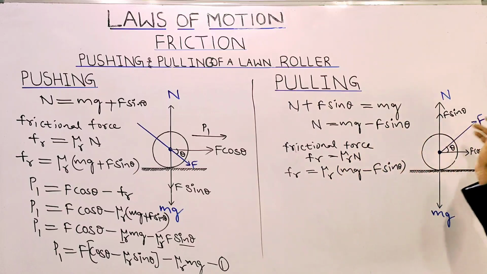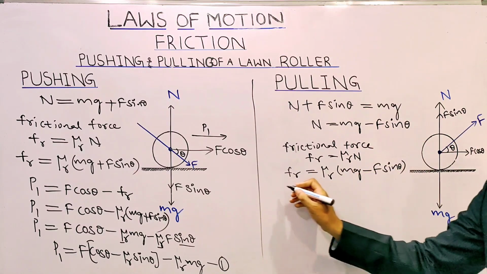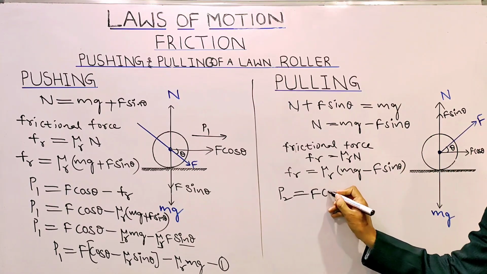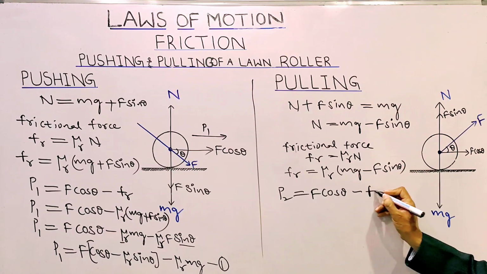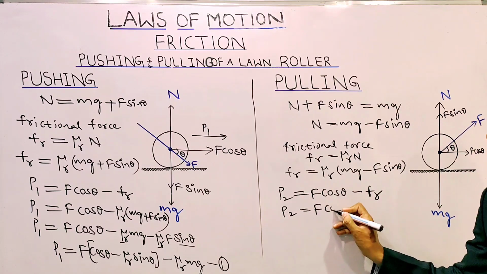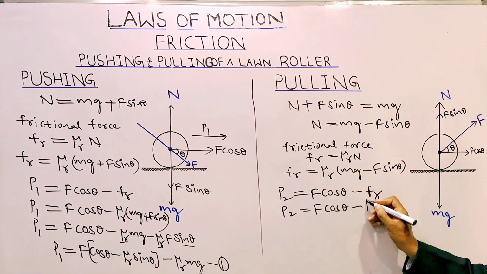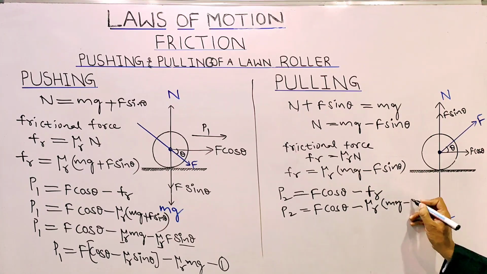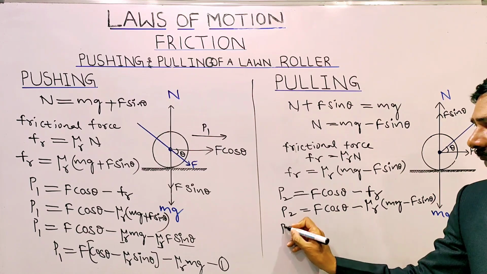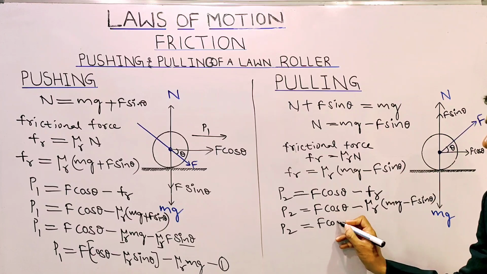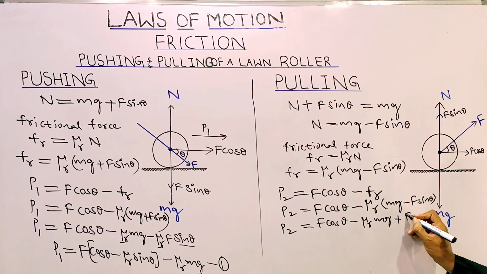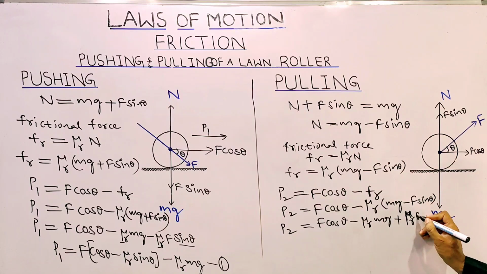Here the pulling force I am calling P2, P2 equals F cos theta minus frictional force Fr, that is mu r into (mg minus F sin theta). Opening the bracket, P2 equals F cos theta minus mu r mg plus mu r F sin theta.